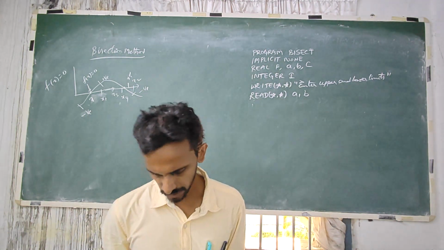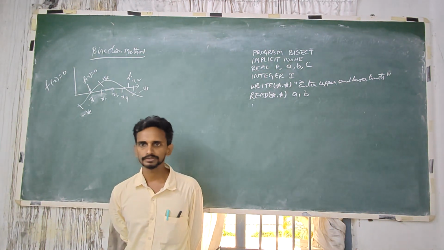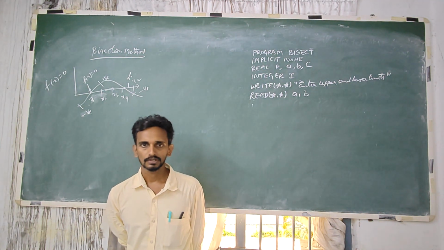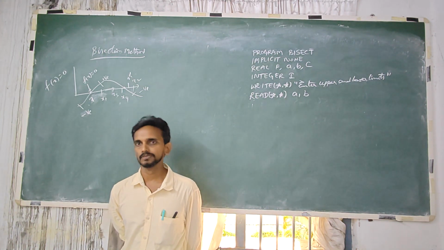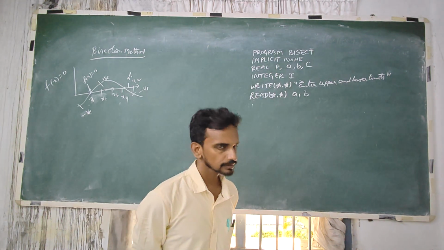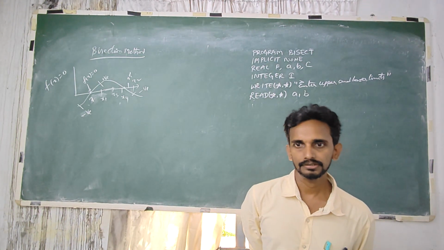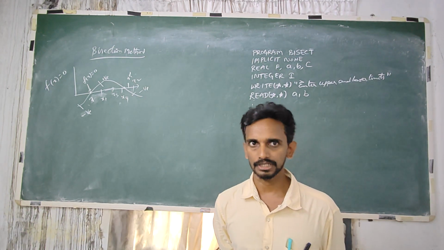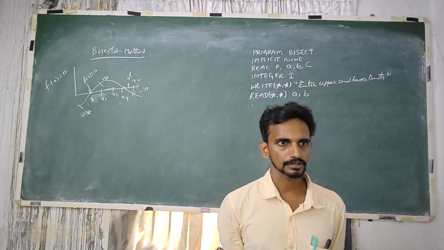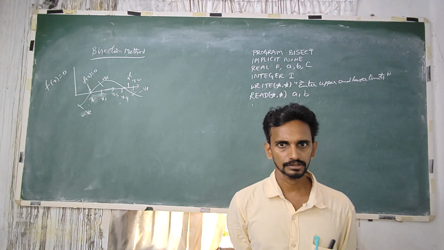So now we have to check the sign of f of A and f of B and ensure both are opposite. I mean, if one is positive, the other must be negative. So how many conditions do we need to write? If f of A is greater than 0 and f of B is less than 0, that is one possibility.